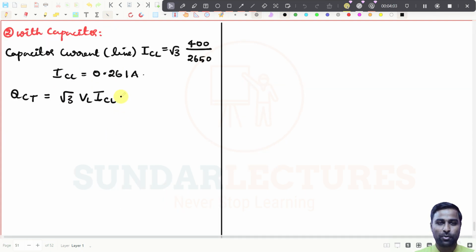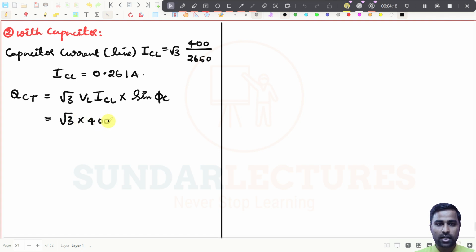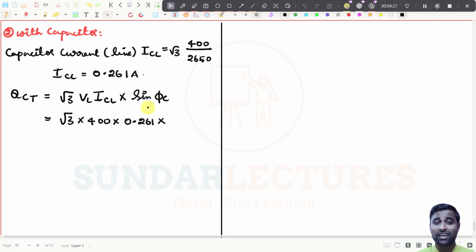Multiplied by sine of phi C, the capacitor angle. So root 3 multiplied by 400 multiplied by 0.261, multiplied by sine phi C, which is very important.